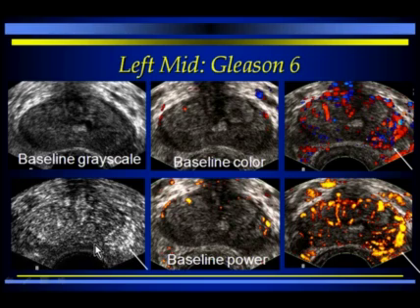But if you look at the color and power images, baseline color and power didn't show too much, but post-contrast, there's increased color flow in the prostate and increased power Doppler flow in the prostate, and that's very clearly seen after contrast administration. So color and power are other ways of looking at contrast enhancement. The issue with color and power is there's blooming artifact, so it's very difficult to localize things as well with color as it is with grayscale.